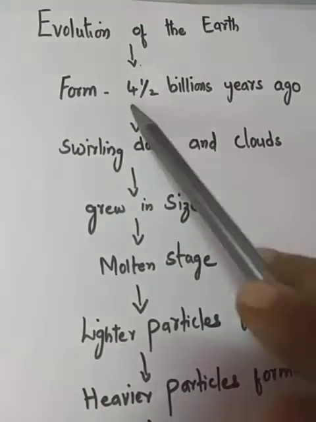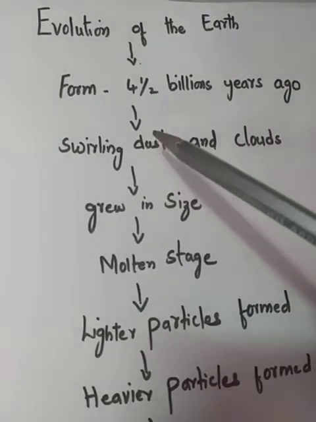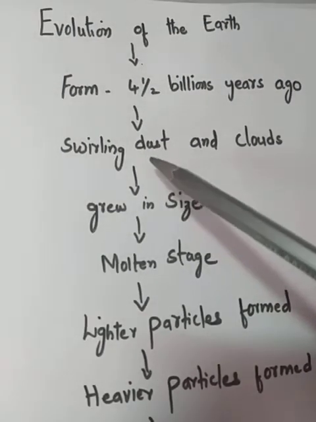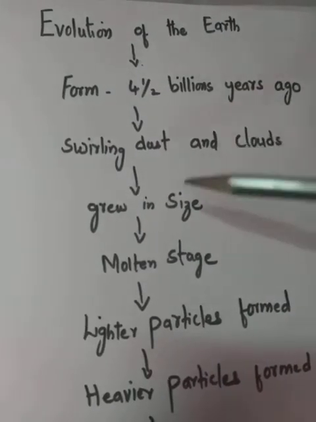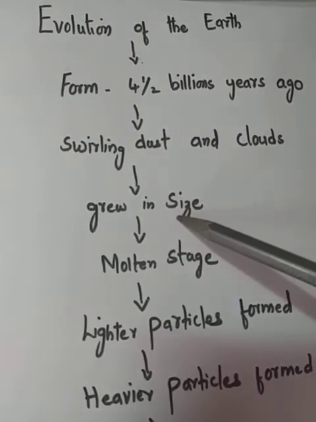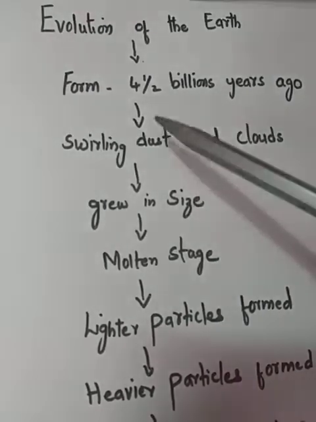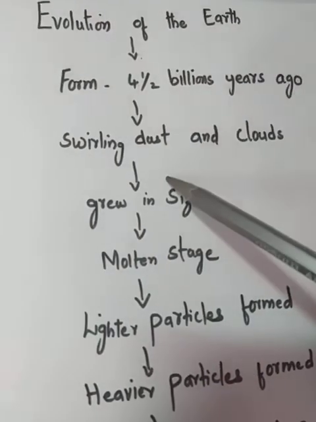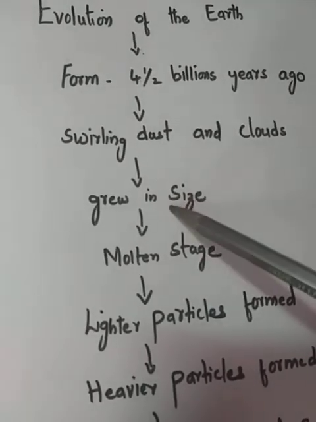How much? 4.5 billion years ago. Then after that, what happened? It began as a ball of swirling dust and clouds and passed through a molten stage. Next, Earth gradually grew in size after that.